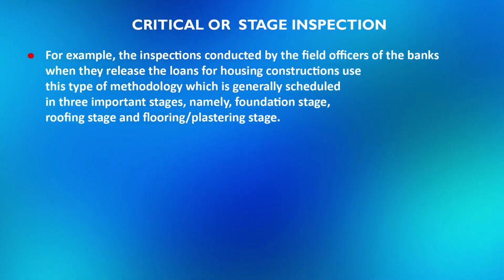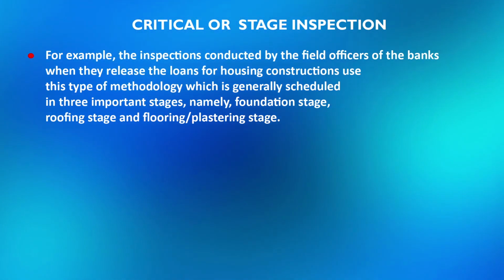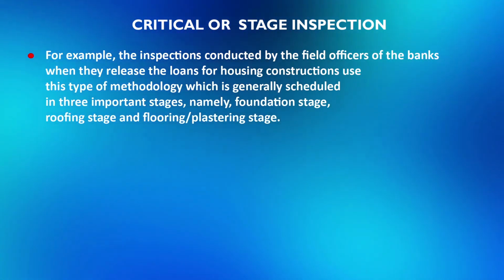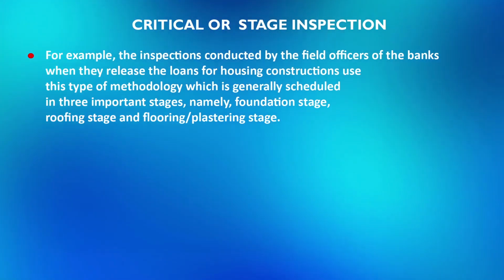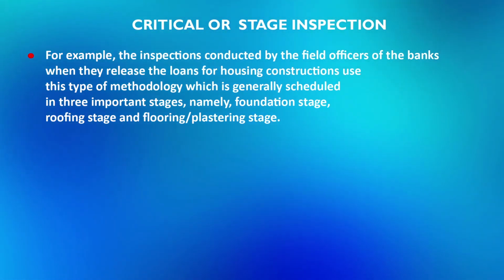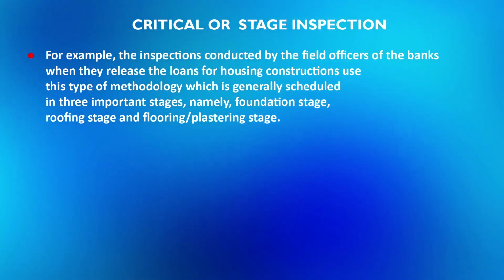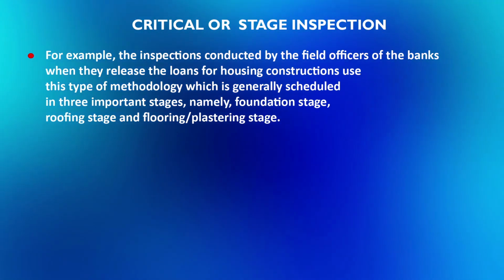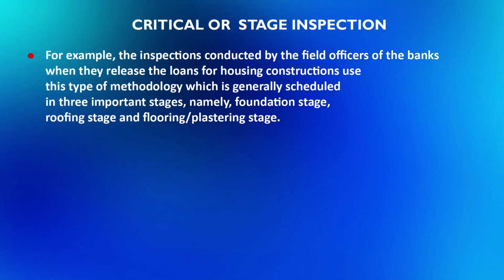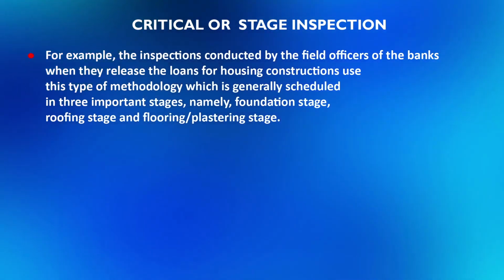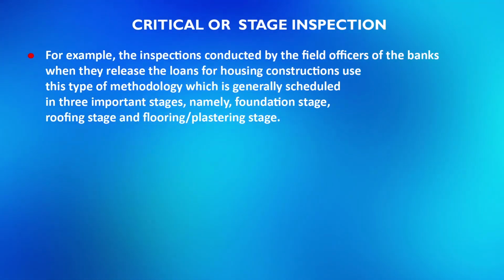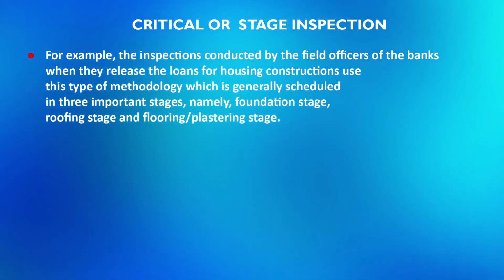For example, the inspection conducted by the field officers of the banks when they release loans for housing construction uses this type of methodology, which is generally scheduled in 3 important stages, namely foundation stage, roofing stage and flooring or plastering stage.